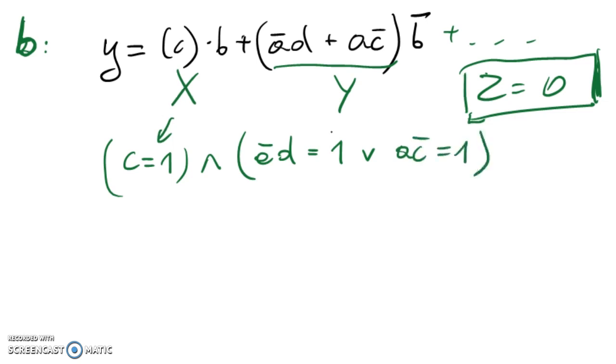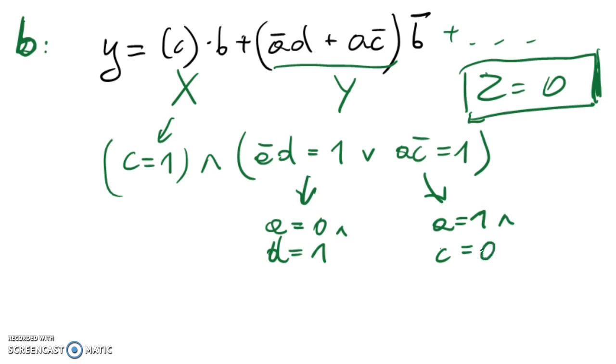Doesn't matter which one is satisfied. From this you've got A equal to 0 and D equals 1. From this you've got A equals 1 and C equals 0. You can take this or this because they are connected with OR.